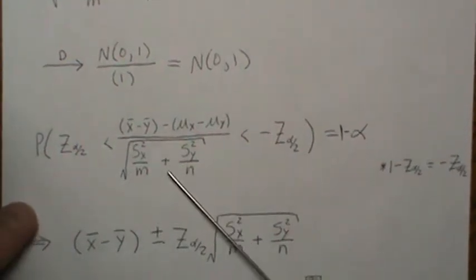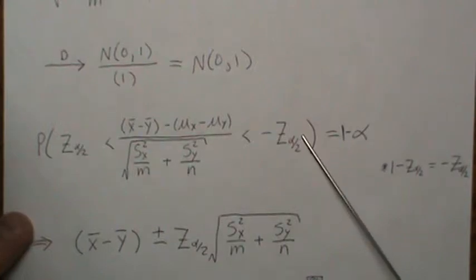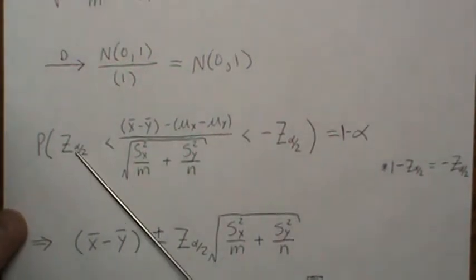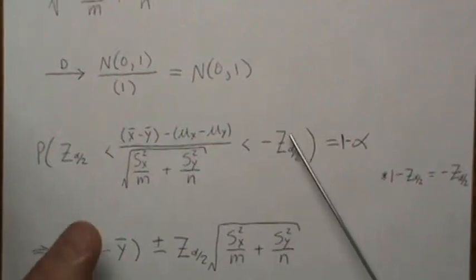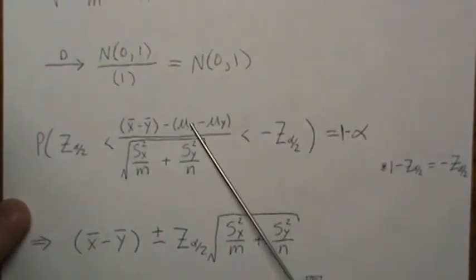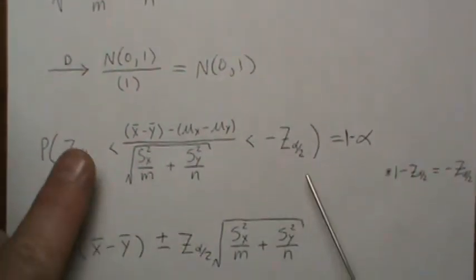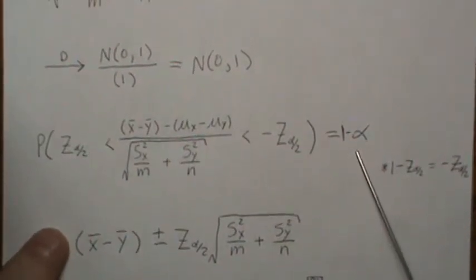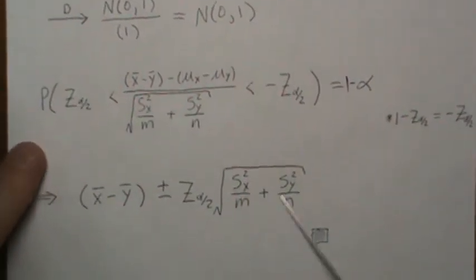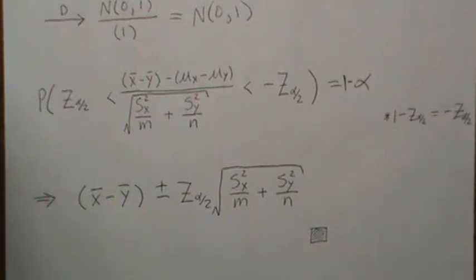Now if we multiply this up to both sides, subtract the x bar minus y bar from both sides, and then multiply by minus 1, you come up with the difference of the population means, and the probability of this difference being between these two endpoints is 1 minus alpha. These two endpoints form this interval here. So this is a confidence interval, at the 1 minus alpha confidence level. And that's what we set out to prove.